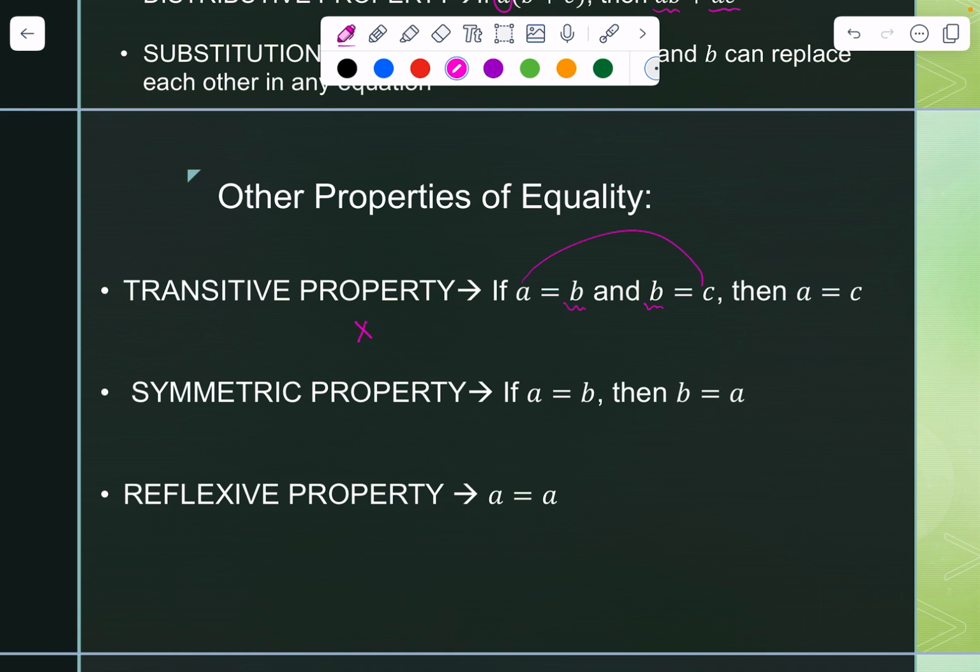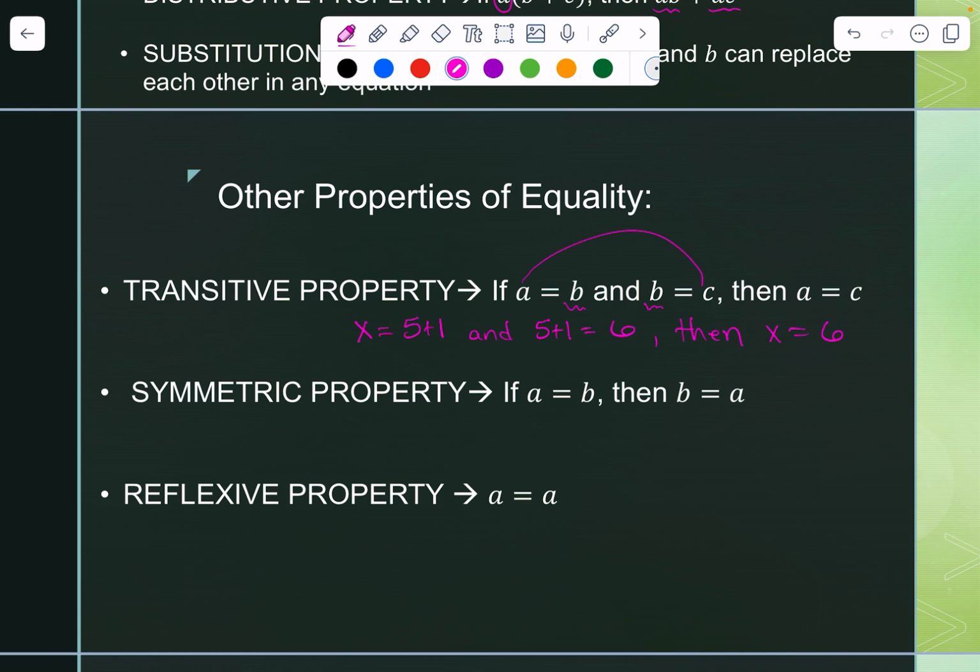An example of this would be something like this. If I said X equals 5 plus 1 and 5 plus 1 equals 6, then X must equal 6. That's just an idea that you could use there. Okay, that is the transitive property.